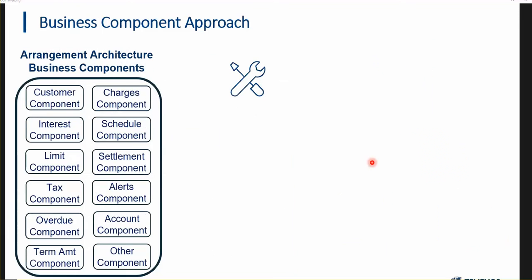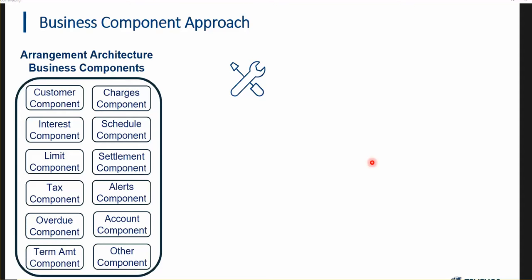This diagram, maybe it will make it a bit clearer. AA is a component-based architecture. Essentially, we are using reusable business components which we give to the bank.